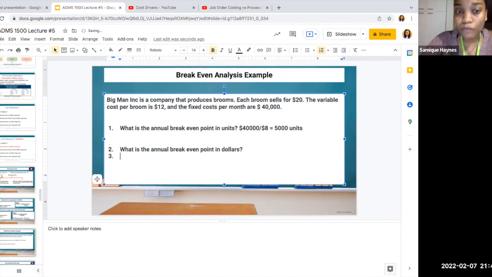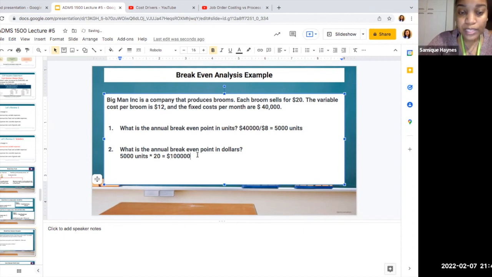If we know the break even point in units, we can just say 5,000 units times selling price per unit of $20, right? Is that correct? Good. So this is how much it will be in dollars.